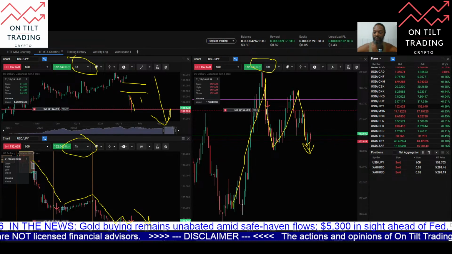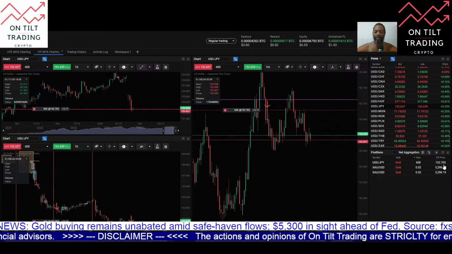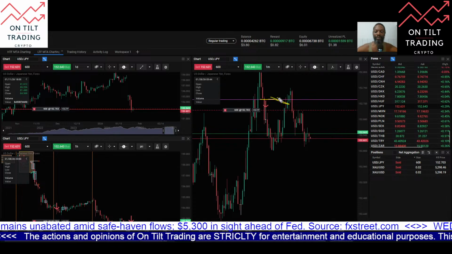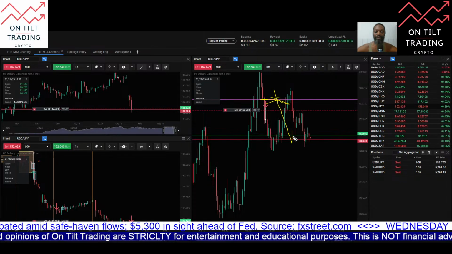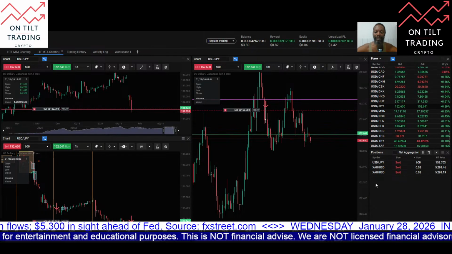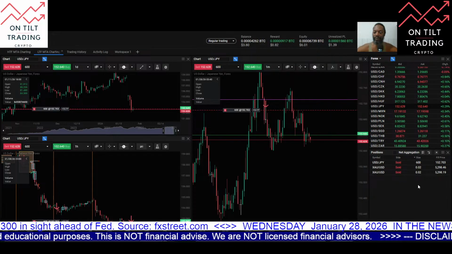We'll see how price responds here. But when I saw price sweep this upper range here, it had me looking for a short, or to be short bias, after buy side liquidity was swept out of the market.